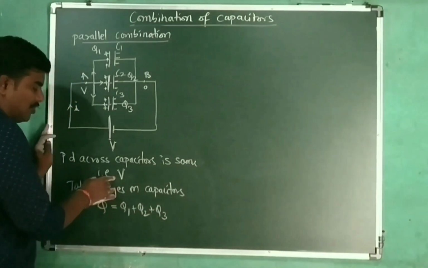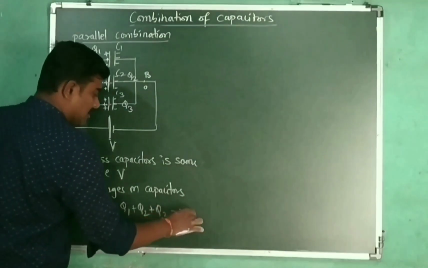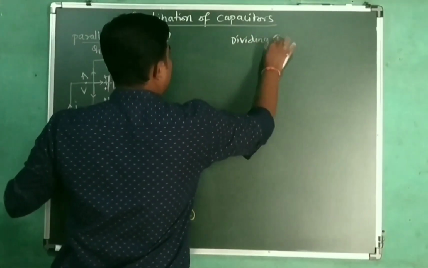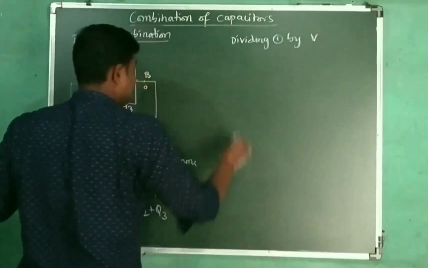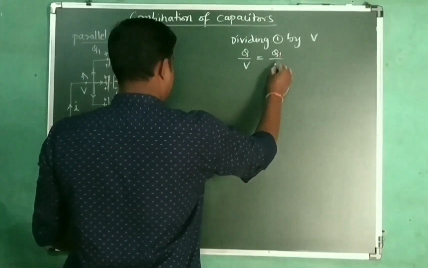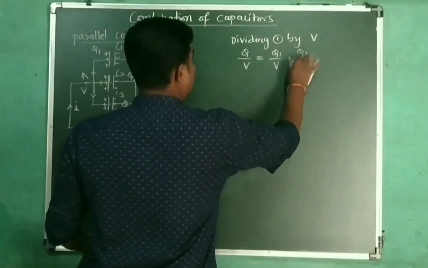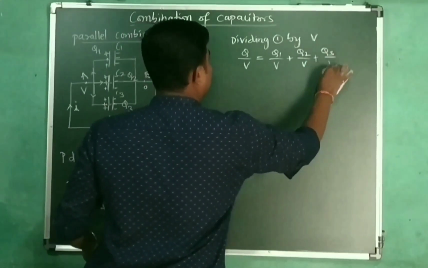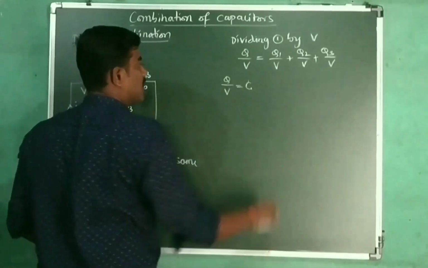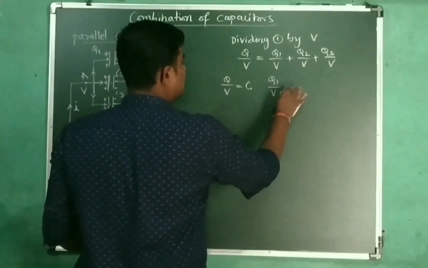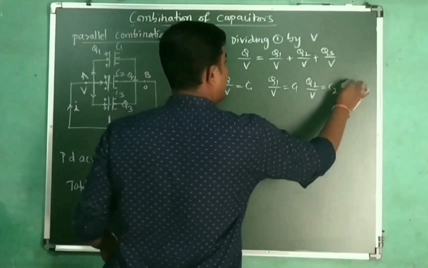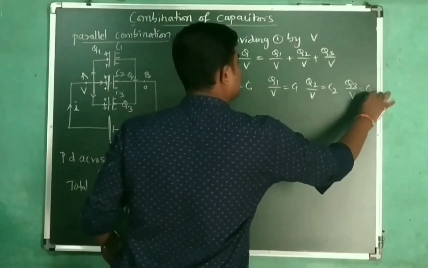Since the potential difference is the same, let us call this equation 1, and divide equation 1 by V. Therefore Q divided by V is equal to Q1 divided by V plus Q2 by V plus Q3 divided by V. As we know, Q by V is equal to C, and Q1 by V is equal to C1, Q2 by V is equal to C2, and Q3 by V is equal to C3.